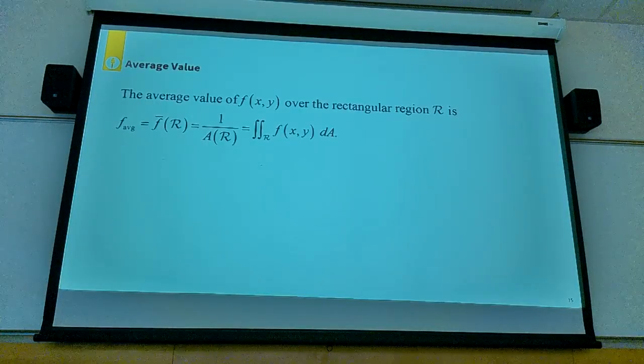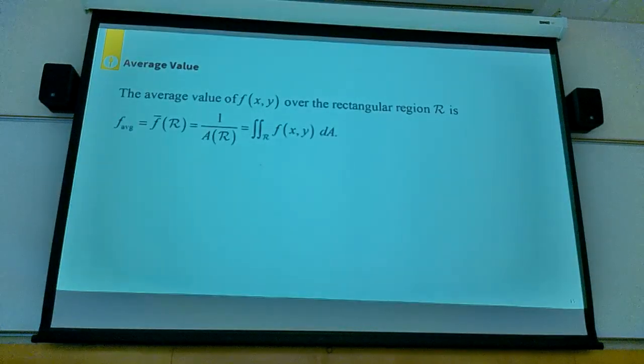Average value over the rectangular region R of the function f of x, y is just simply 1 over the area of your rectangle times the double integral of the function over the region.